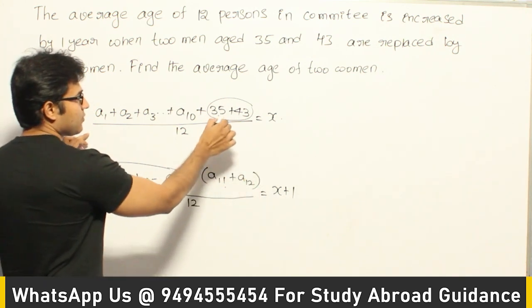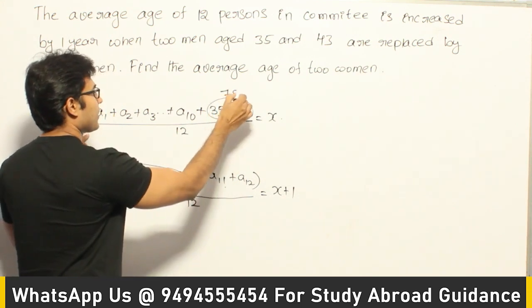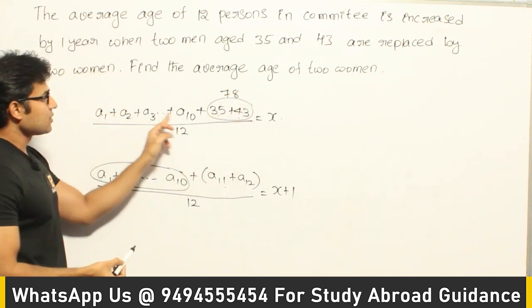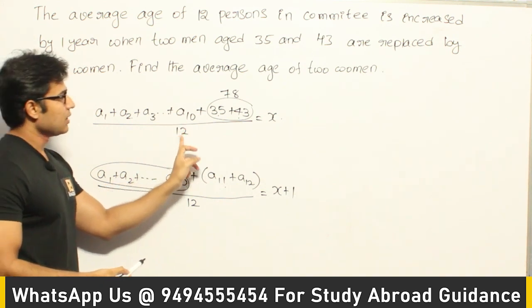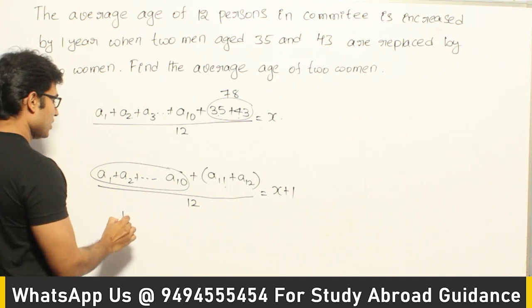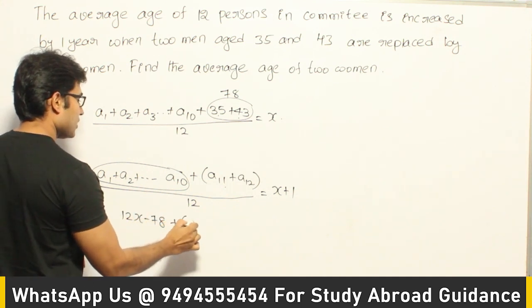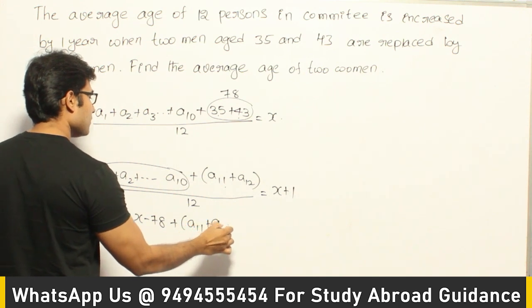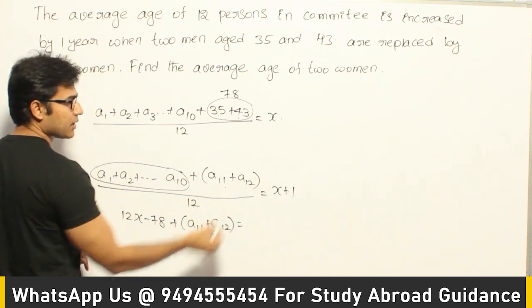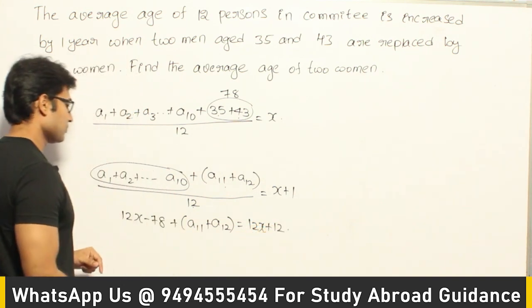Now if you observe this, 35 plus 43 is 78. Therefore A1 plus A2 plus A3 and so on up to A10 can be written as 12x minus 78. So I can write 12x minus 78 plus A11 plus A12 is equal to 12x plus 12.